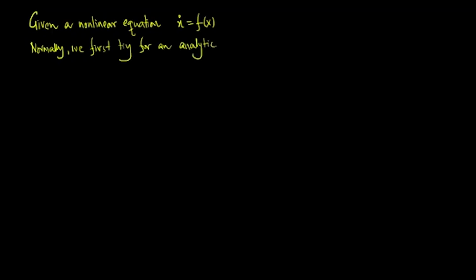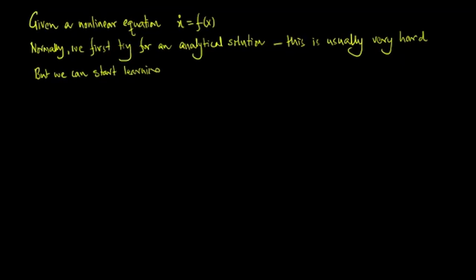Given a nonlinear equation x dot is equal to f of x, normally we first try and look for an explicit analytical solution. This is usually very hard, but we can start learning about the equation using geometric methods.